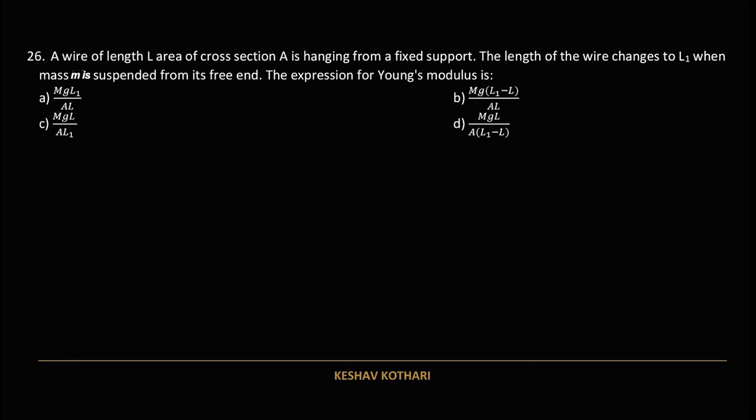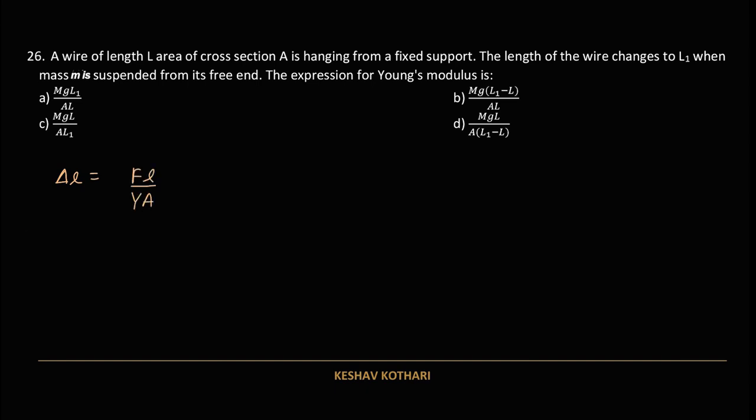A wire of length L, area of cross section A, is hanging from a fixed support. The length of the wire changes to L1 when a mass M is suspended from its free end. The expression for Young's modulus is. So over here we are using the expression that delta L is equal to FL upon YA.